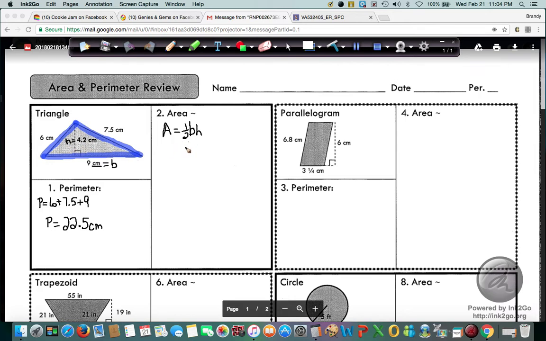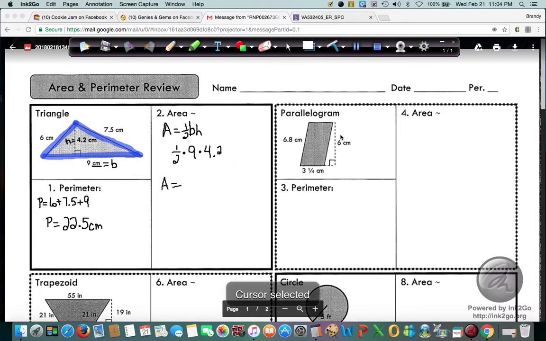So if we come over here, step 1, write the formula. Step 2, label your variables. Step 3, plug them in. 1/2 times 9 times 4.2. Since this is all multiplication, you can plug it straight in. So area is going to equal, let me grab my calculator.